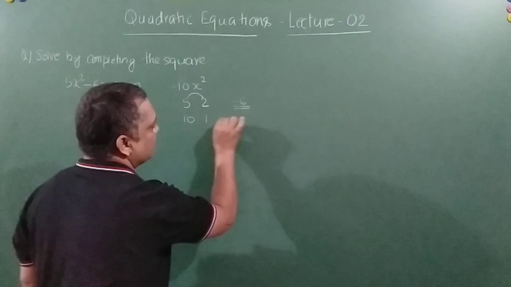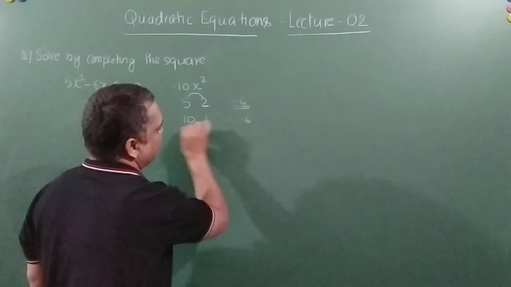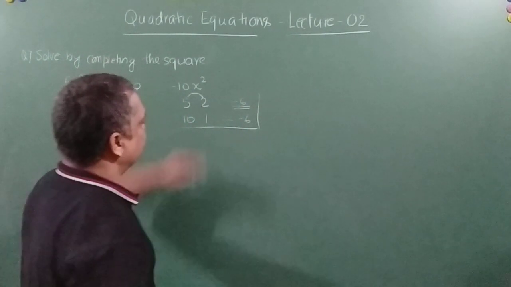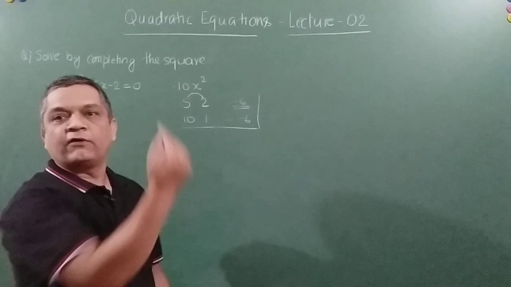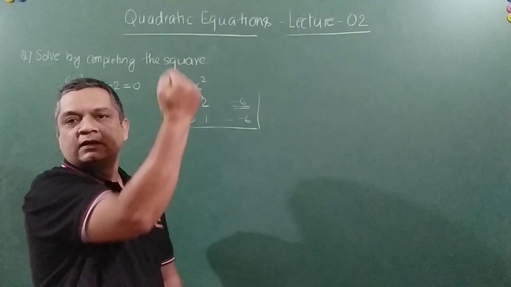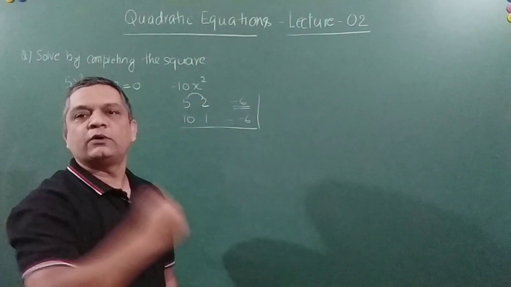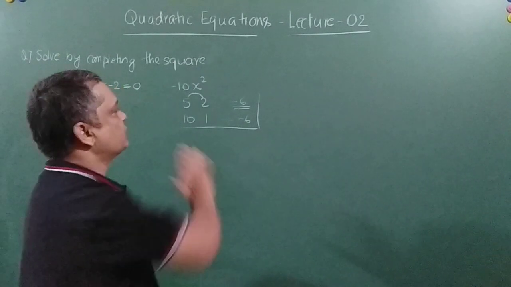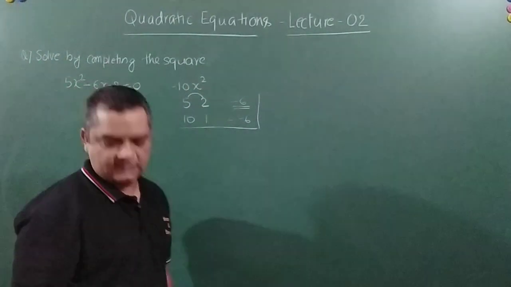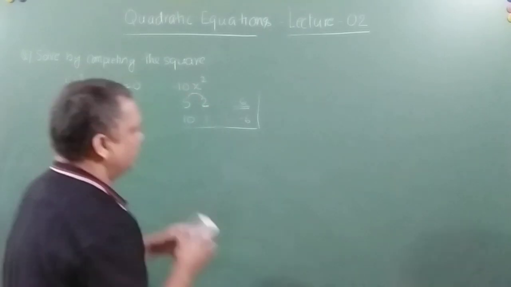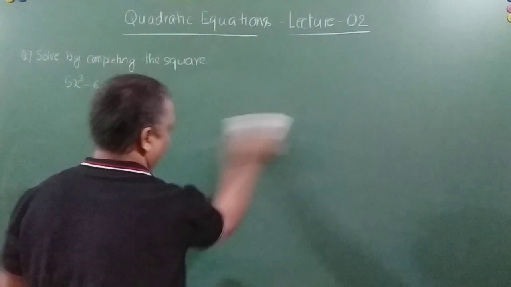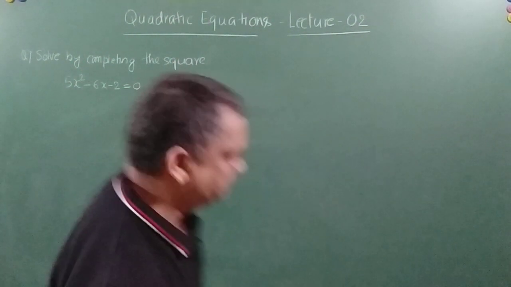And even this will also not give me minus 6. You are getting my point? So these two factor pairs cannot be utilized for factorizing this quadratic equation. You are getting it? The moment you are not able to factorize, then we rub it off and move to the next method of solving the problem, right?